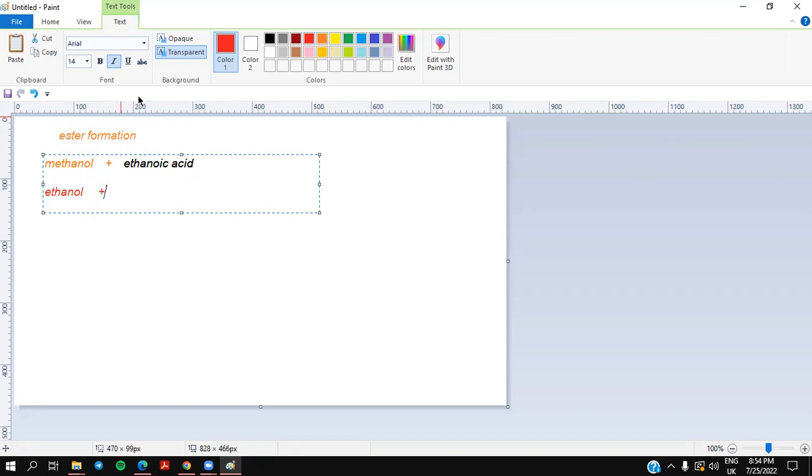Ethanol can react with a carboxylic acid, I will take propanoic acid. Propanoic acid. And next one, maybe I can use ethanol again. Ethanol can react with, let's say, methanoic acid.